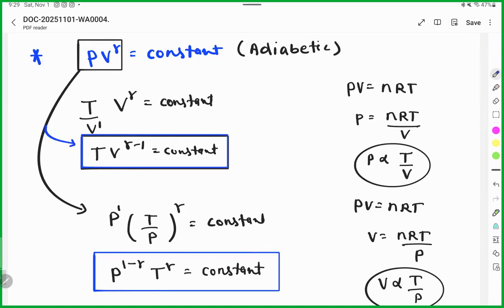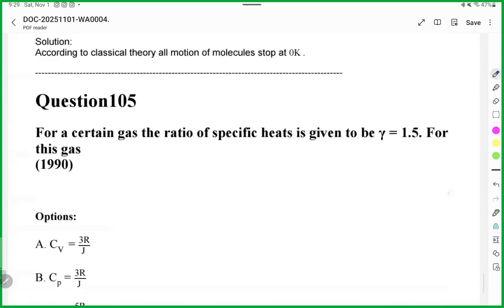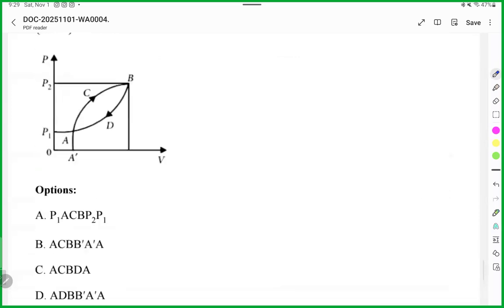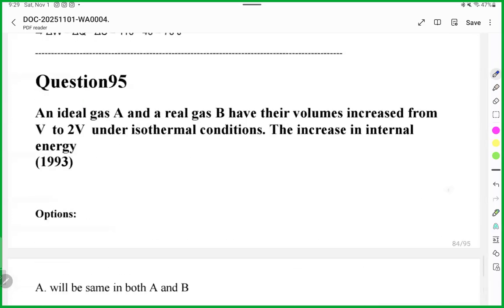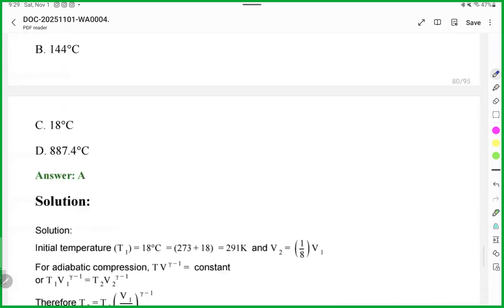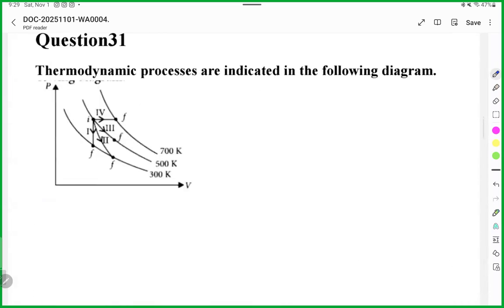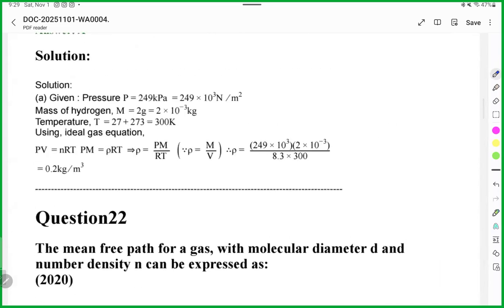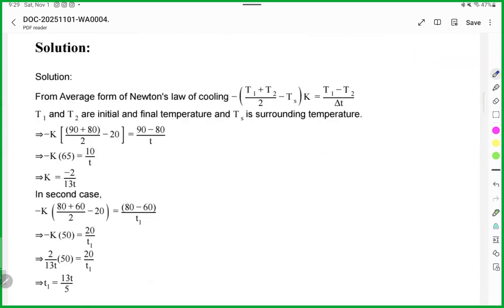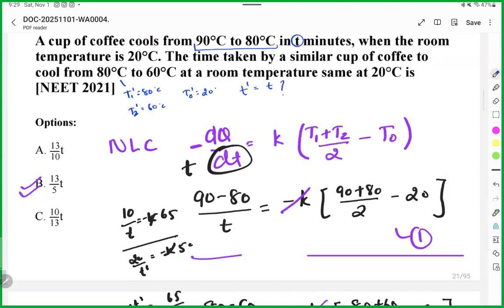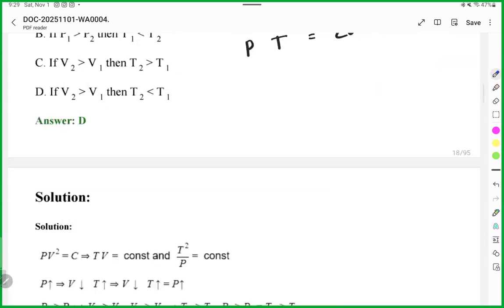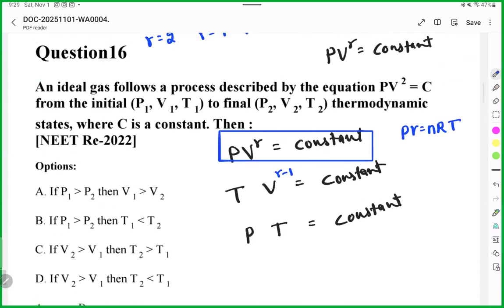Now, according to the question, if you understand these three derivations, the gamma value is given as 2. Question number 16.